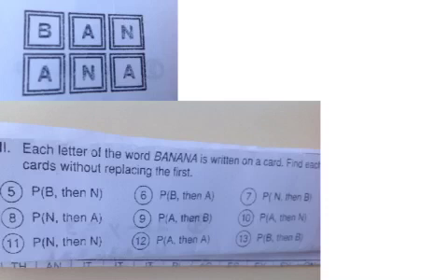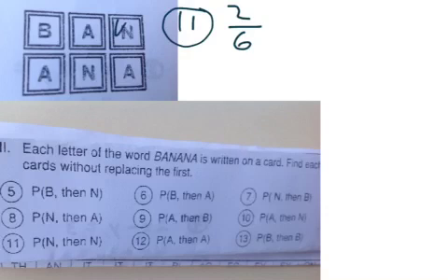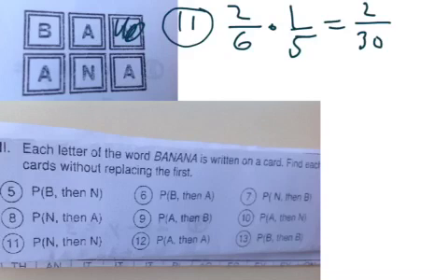Okay, next problem is number 11, right? What's the chance of getting an N? 2 out of 6. Let's say that N is gone. It could be the other N, but one of them is gone. That leaves just one N left out of 5. Think about it. There's only one N left if I picked one of the two already. So that gives me 2 out of 30. Dividing by 2, 1 out of 15 chance, right?